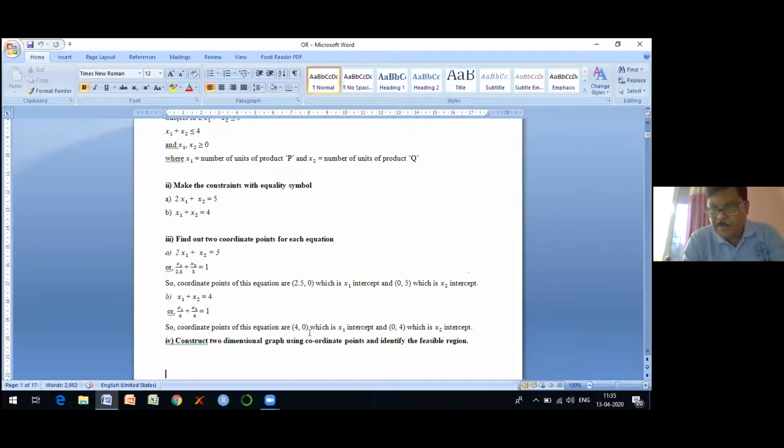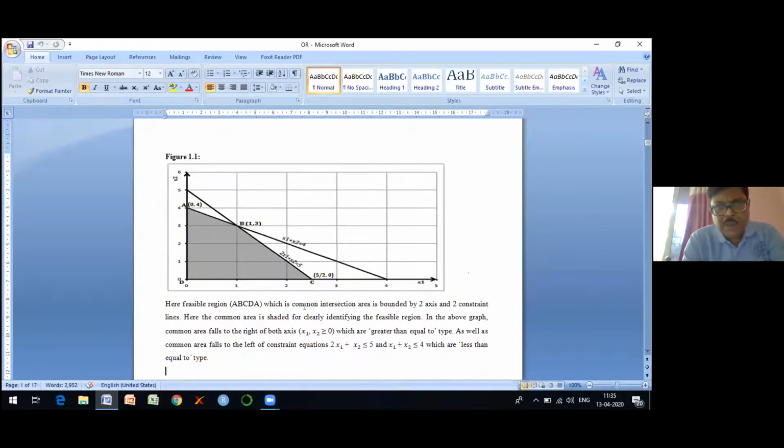So with the help of these 2 coordinates, we can also draw another straight line. Just go to the graph. We have drawn another straight line. This is the (4, 0) point: x1 is 4, x2 is 0. Another is x1 is 0, and x2 is 4. So we may draw another straight line in this way, right?